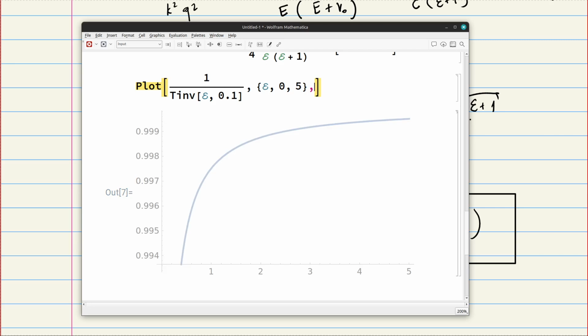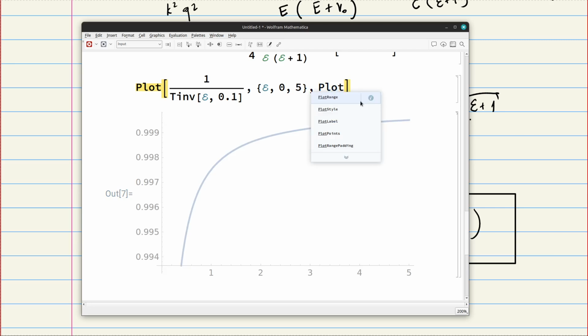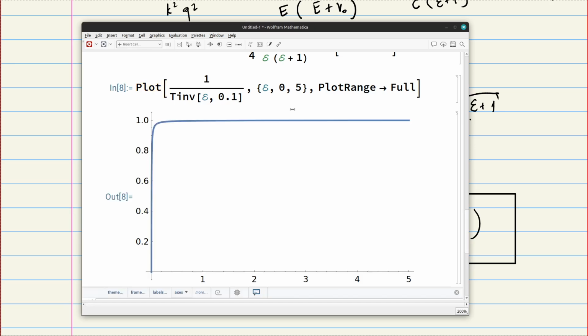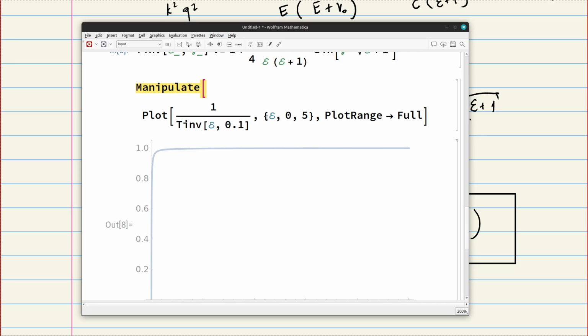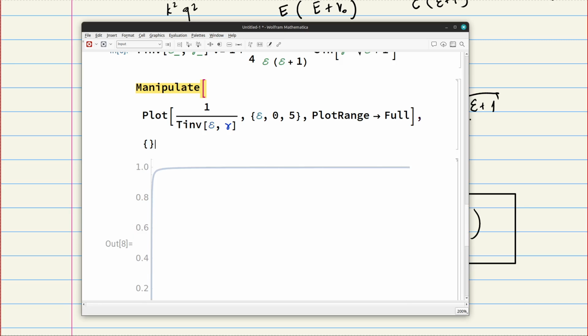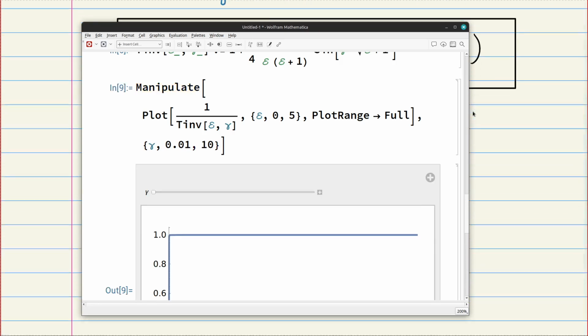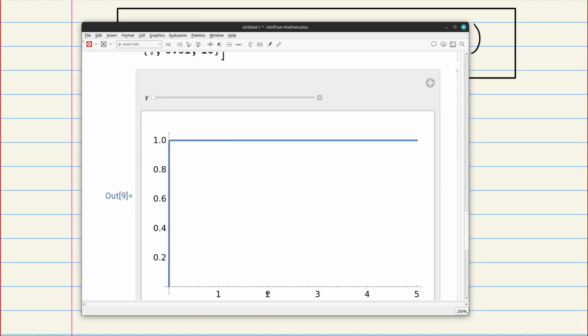So I want to put plot range full, and let's see how this changes with the barrier. So put manipulate, and I'll put gamma here, and comma, I don't know, 0.01 to 10. Good. Now we have something we can play with.